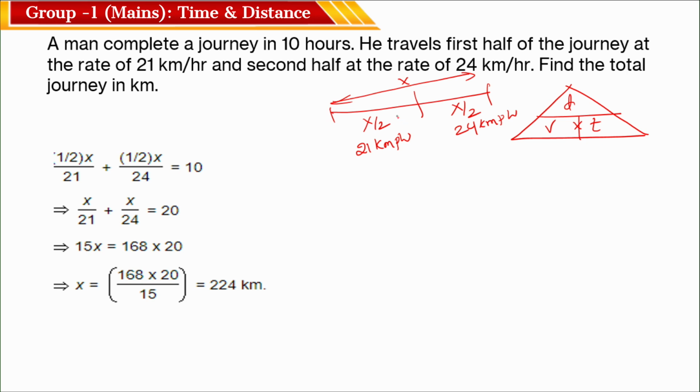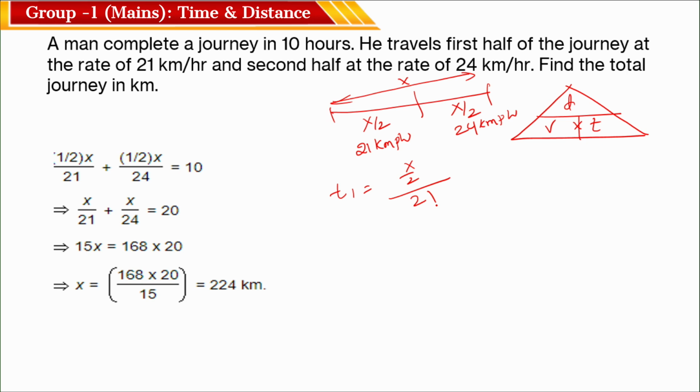So we know the distance and we know the speed, so time is required, correct. For example, say it is t1. t1 is equal to distance, that is x by 2, divided by speed, 21 kilometers per hour.